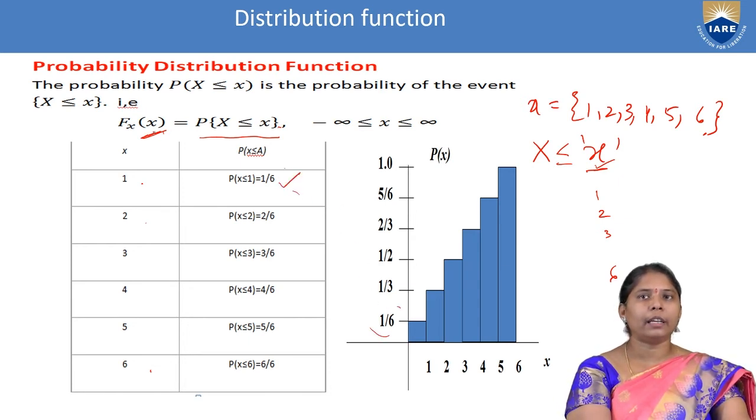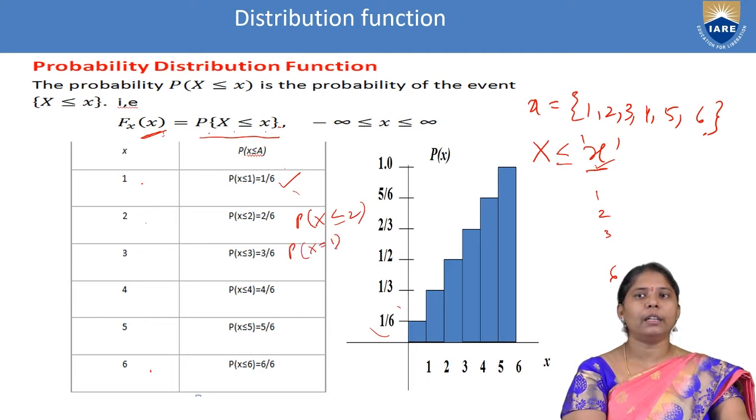When we calculate F of 2, it is probability of X less than or equal to 2. What is the meaning of that? We have two values, that is probability of x equal to 1 and probability of x equal to 2. This is 1 by 6 and this is also 1 by 6.